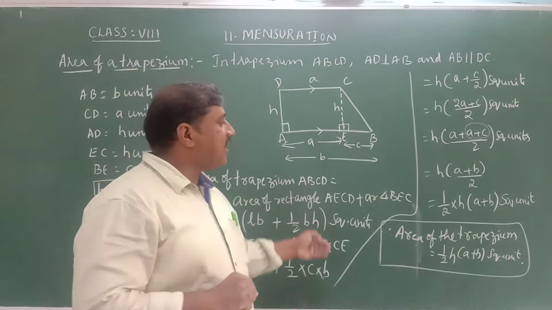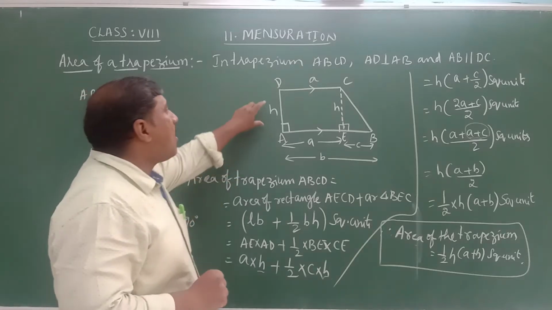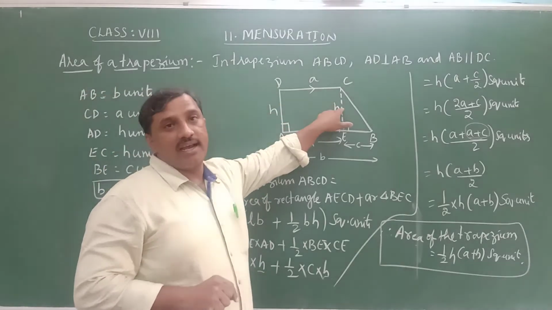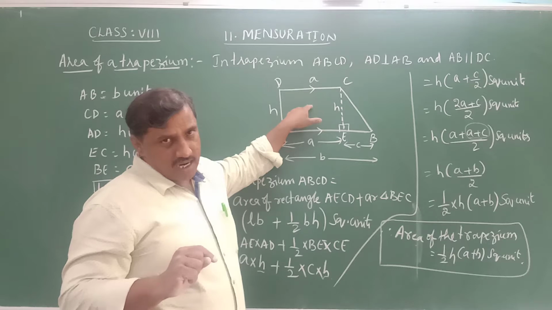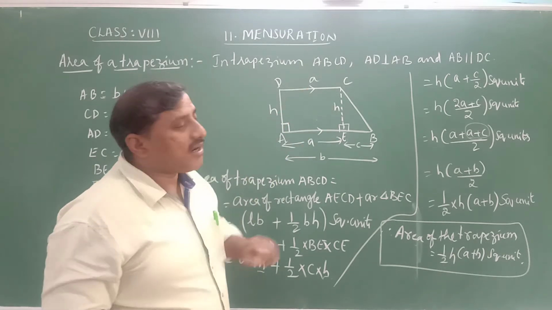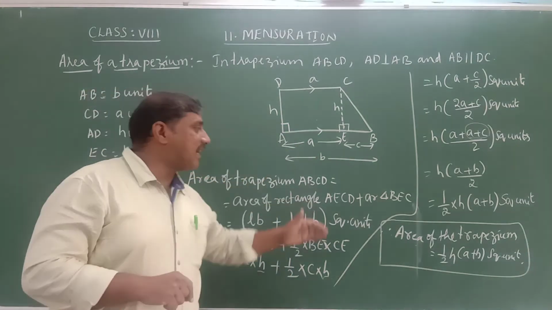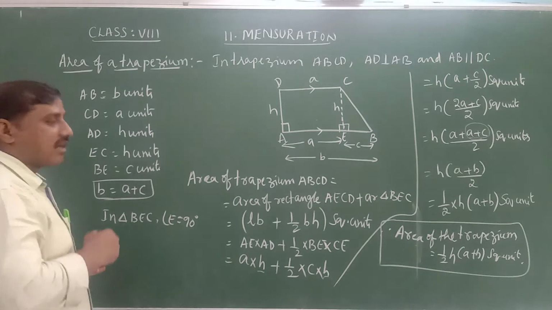So like this we derive a formula to find area of a trapezium when one of the non-parallel sides is perpendicular to the parallel sides.